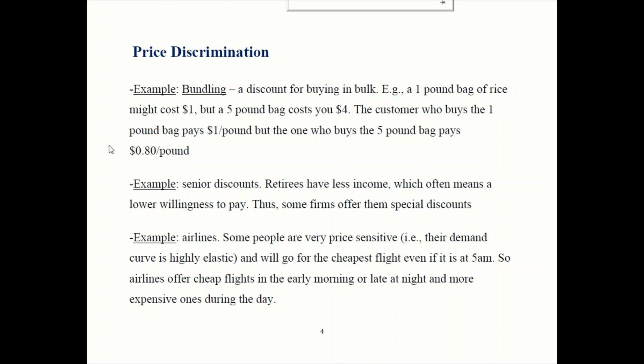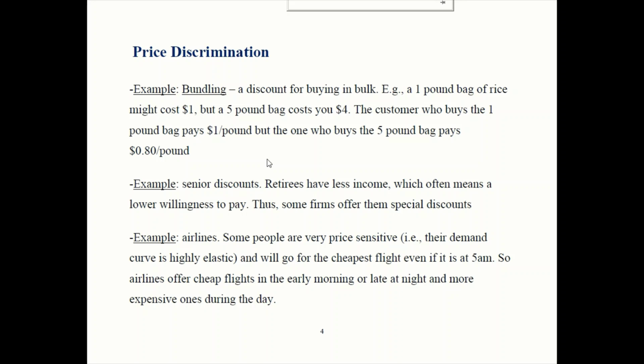If you buy a 5 pound bag, it's probably not going to cost $5. They might give you some kind of discount, like the 5 pound bag costs $4. So if you're buying the 1 pound bag, you're paying $1 per pound. If you're buying the 5 pound bag, 4 over 5 is 80 cents, so you're paying 80 cents per pound.